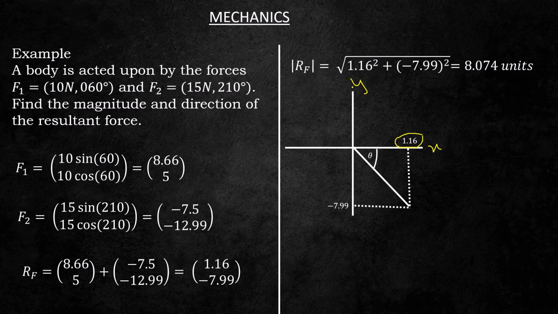Remember that anytime you are to measure your direction, we always start from the north, and the north is 0 degrees, and we always move in the clockwise direction till we get to our line. Now this angle over here is 90 degrees.